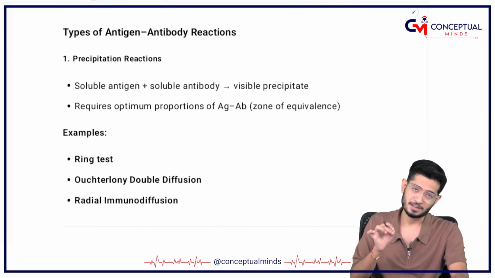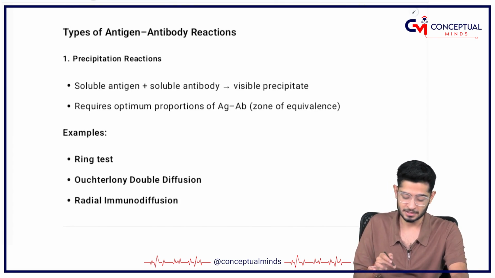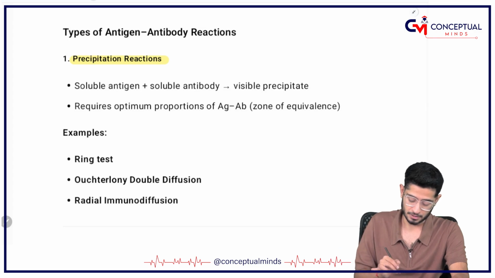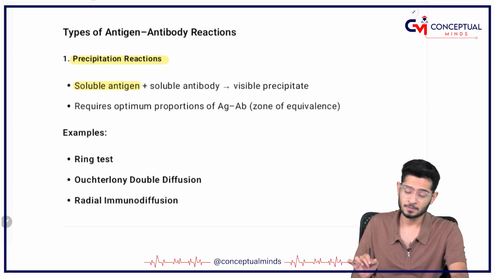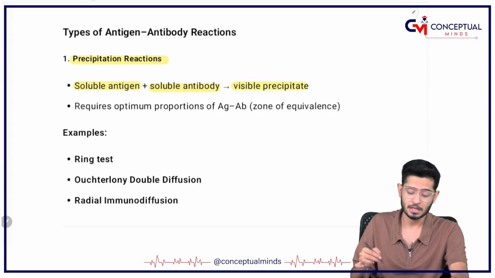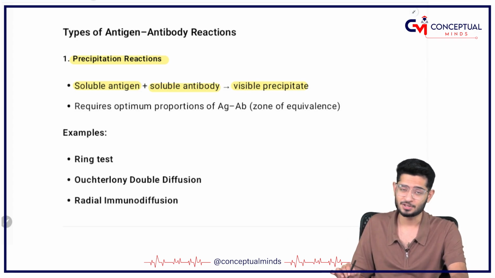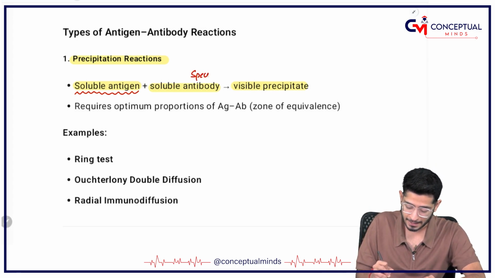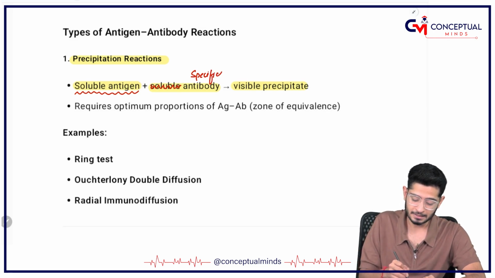Coming on to a very important antigen-antibody reaction, that is called the precipitation reaction. Precipitation reaction means a soluble antigen is going to combine with the specific antibody, and that leads to the formation of a visible precipitate.